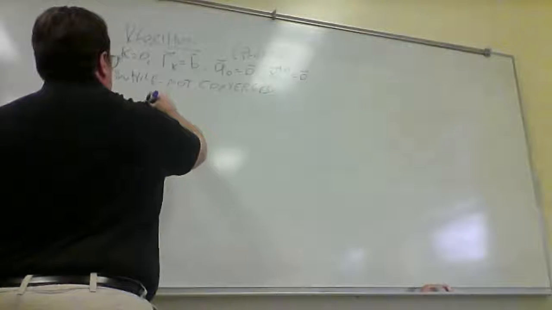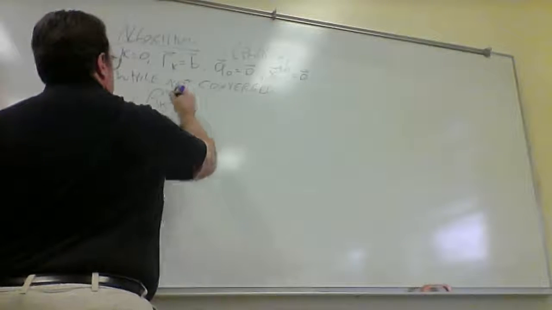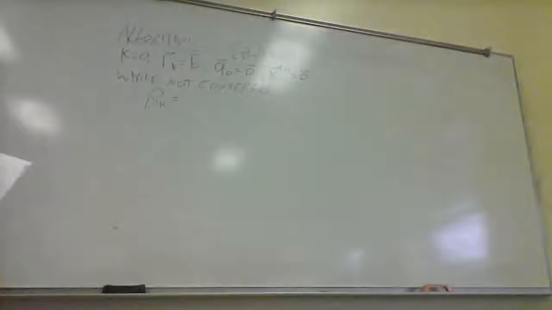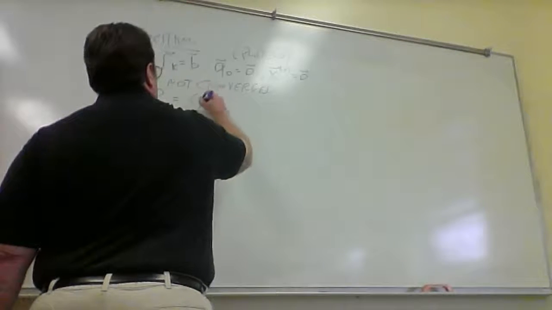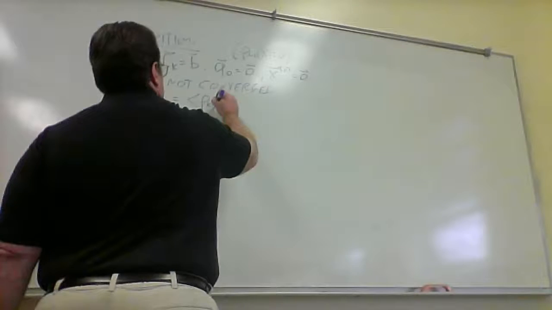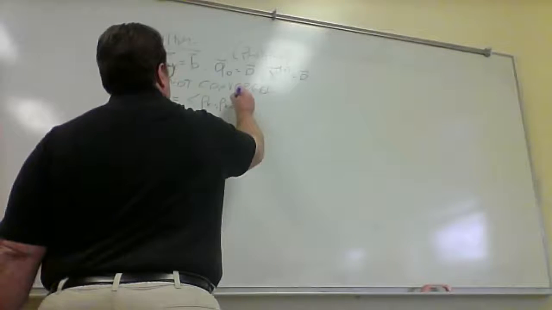So I need beta k. Now I gave a formula for beta k earlier, and that was the dot product of pk minus 1 with itself.